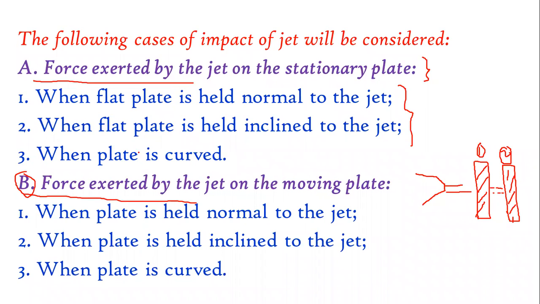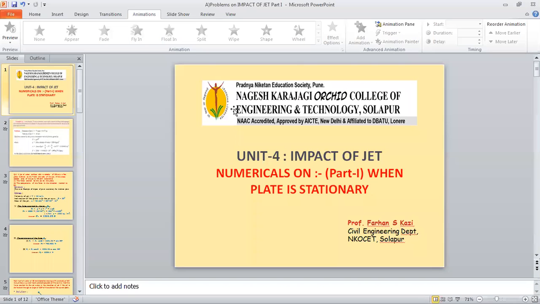In the last lecture, we had seen the first type of the first case. That means for case A, we had seen the first type, when the flat plate is held normal to the jet. Let us go through it.